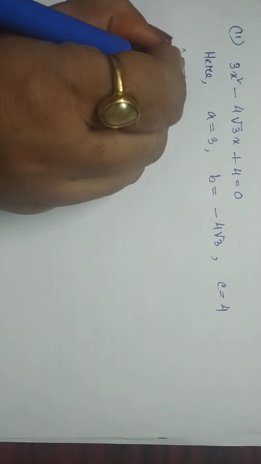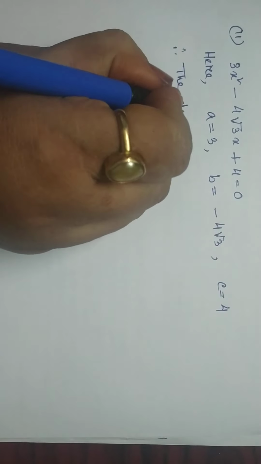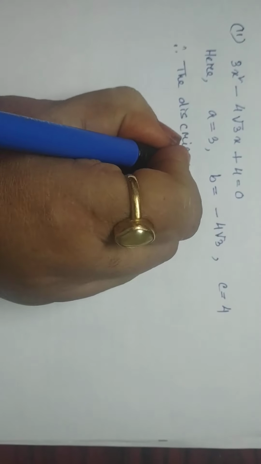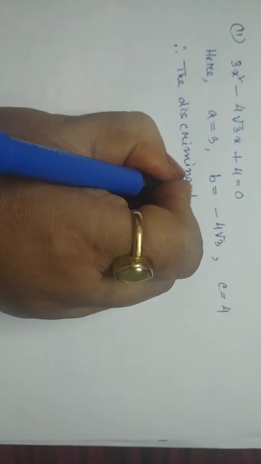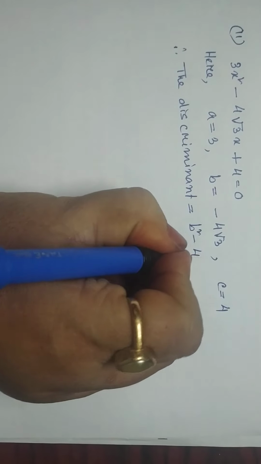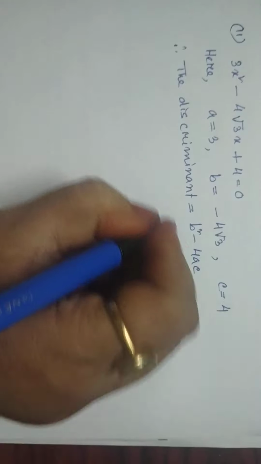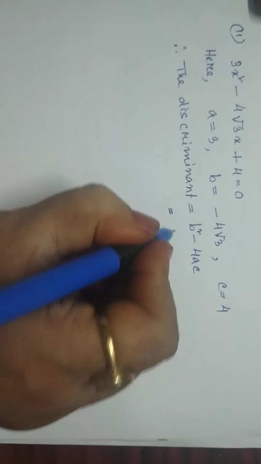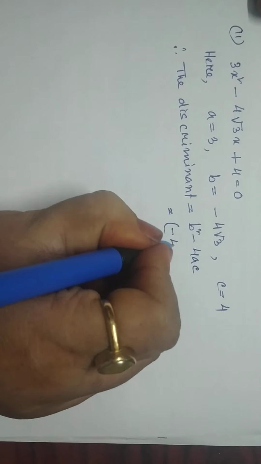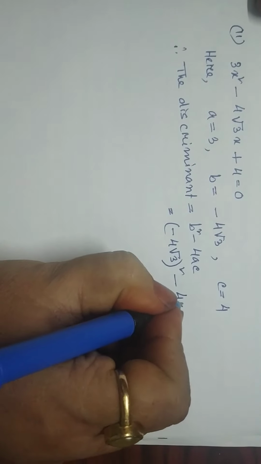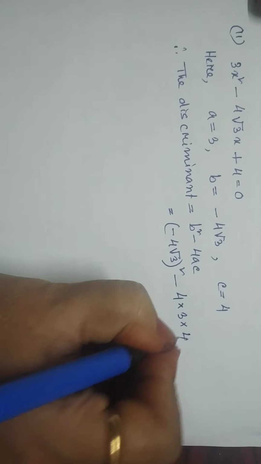Therefore the discriminant is equal to b square minus 4ac. Here b means minus 4 root 3 whole square minus 4 into a means 3, c means 4.